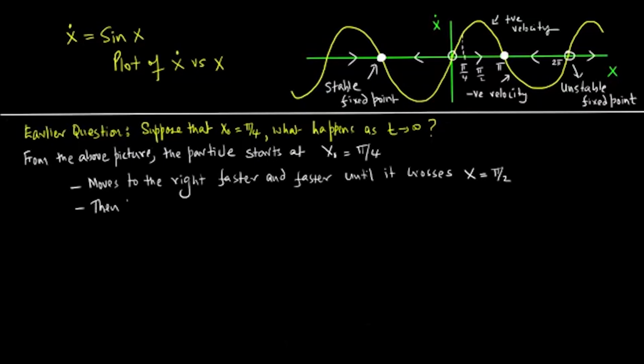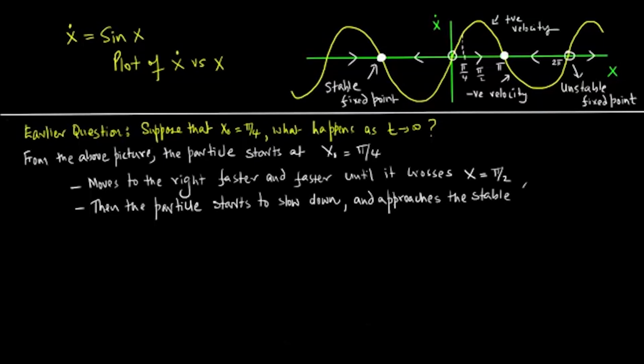Then the particle slowly starts to slow down and approaches the stable fixed point at x is equal to pi. So the limit as t tends to infinity, x of t is equal to pi if the particle actually started at pi on 4.